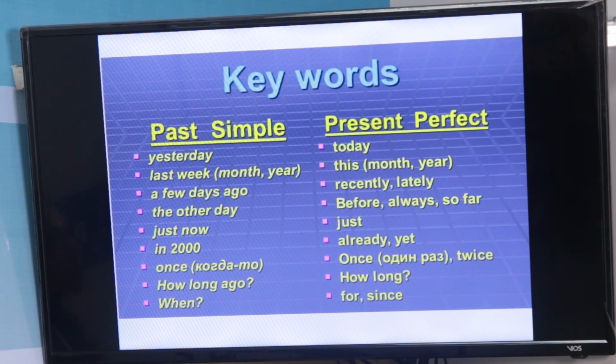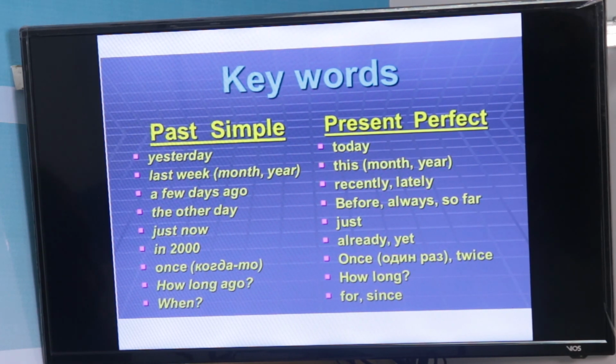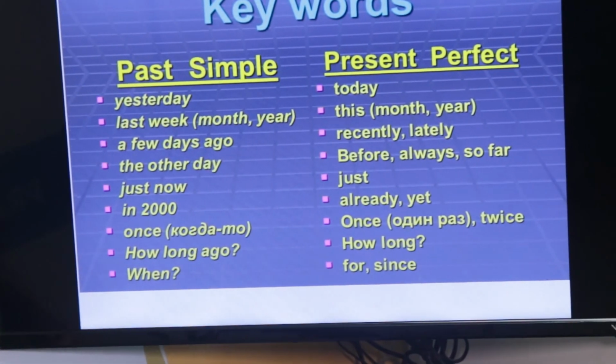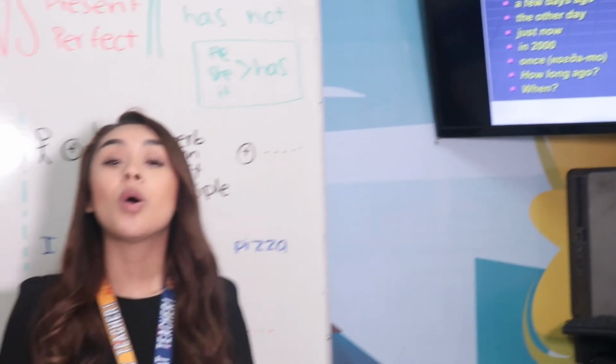And then in present perfect we have today, this month, this year, these days, recently, lately, before, always, so far, just, already, yet, once or twice, how long, and for and since. So these are some keywords that will help you, and it will be easier for you to identify which tense we're talking about.